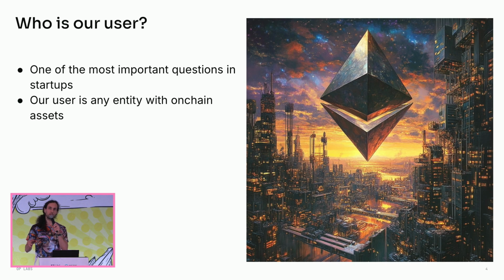So, first thing we want to do, we want to define our user. This is one of the most important questions for any startup. So for simplicity, today our user is any entity with an on-chain asset.